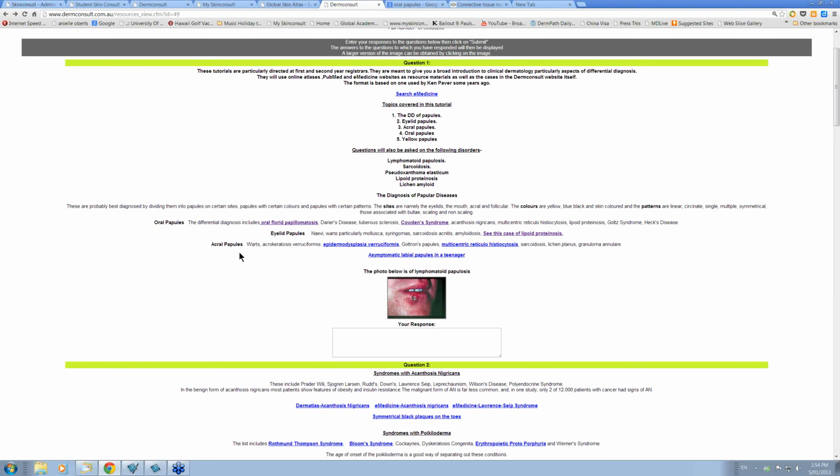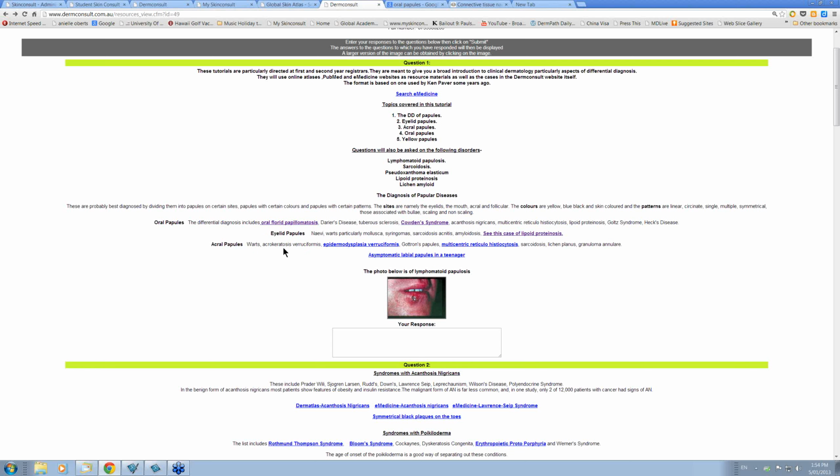What about acral papules? Papules that are mainly seen in the hands and feet. Obviously warts, common things are common. So if you see papules in the back of the hand, they're more likely to be warts than anything else. Acrokeratosis verruciformis. That's probably a forme fruste of Darier's disease with scaly acral papules.